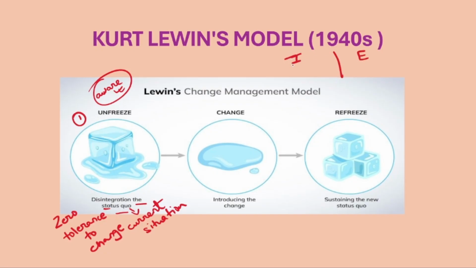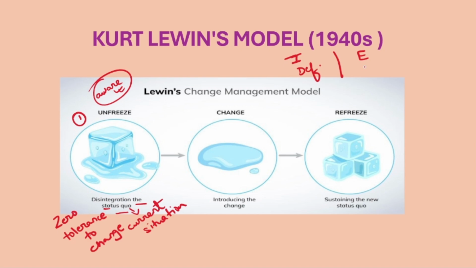Suppose for internal forces, we can take the example of a deficiency in the system. Maybe the existing system is not up to the mark. The external forces can be the market or changing technology, because we know that the business environment is dynamic, meaning it keeps on changing. You must have observed that during COVID, the education system shifted entirely from offline to online.